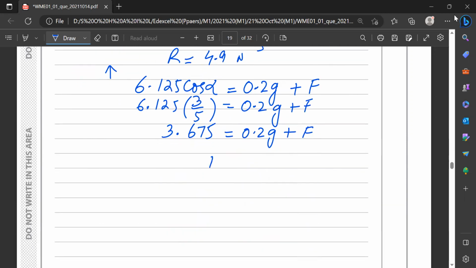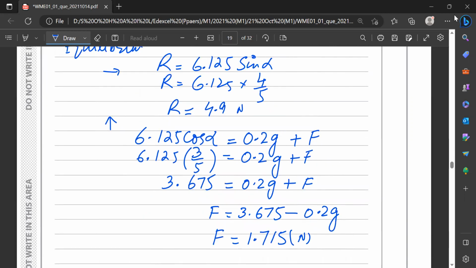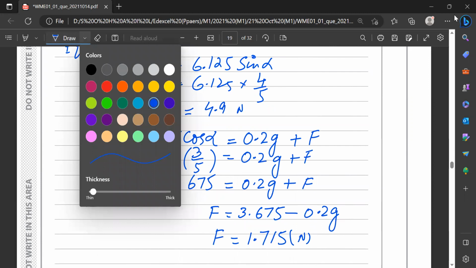So this calculation will give F equal to 3.675 minus 0.2 g, so F is equal to 1.715 newtons.